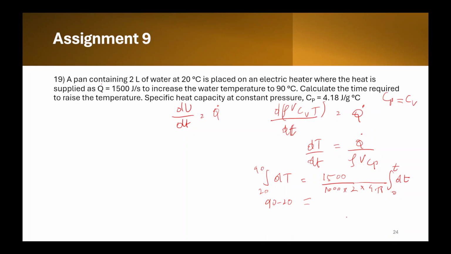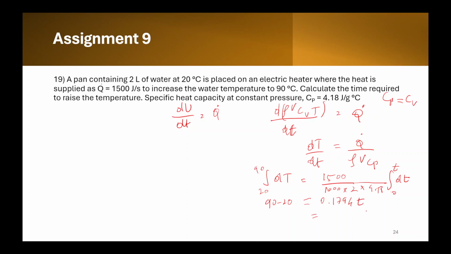And we can compute this value, 1794, and the integration of this will be t only.